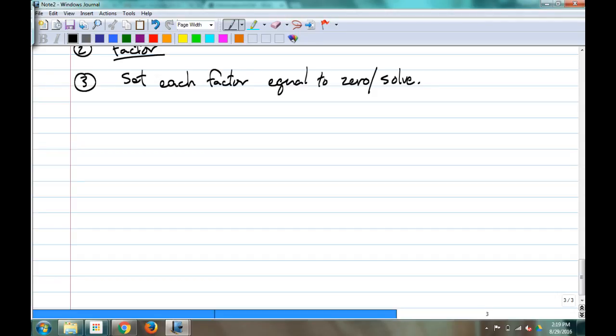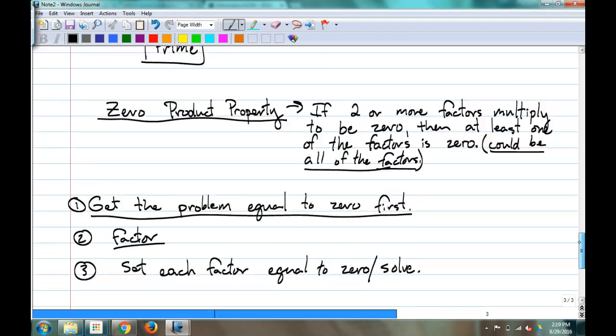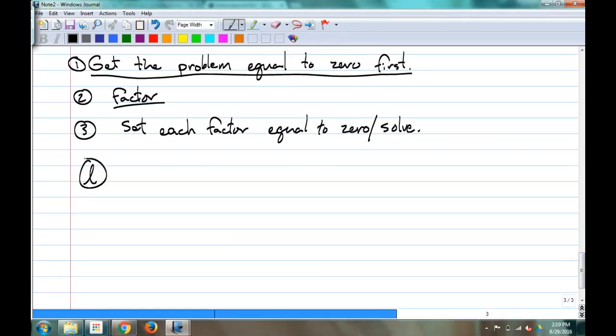All right. So let's take a problem, a trinomial that we've been working with here, and let's work it out. Let's say we had x squared minus x is equal to 42. That's our first problem. Is it equal to 0?